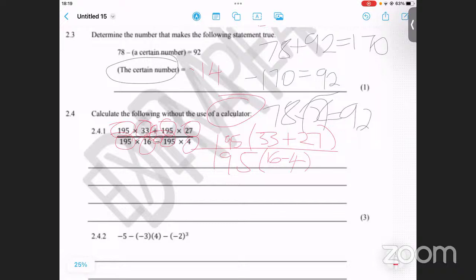Okay, see, I haven't used a calculator. They can tell that I haven't used my calculator. Cool. Now, this 195 is going to be cancelled by that 195, which means I'm going to be having 33 plus 27 divided by 16 minus 4, okay? Okay, I know that 33 plus 27 is what? Is a 9.